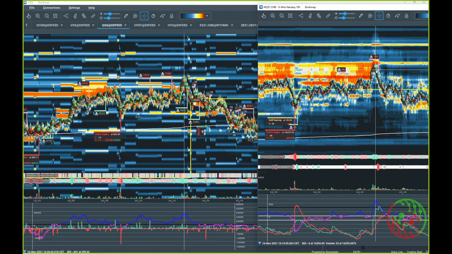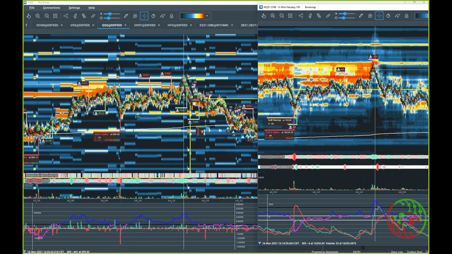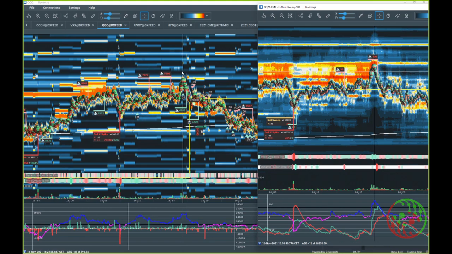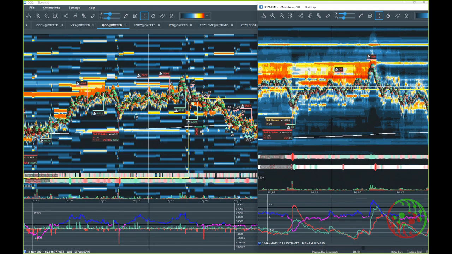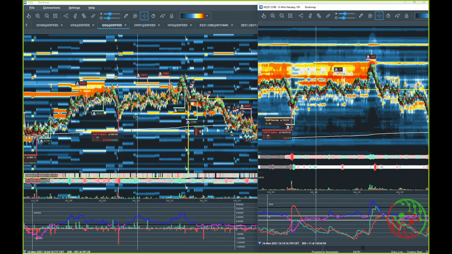Is it better to use the QQQ chart for trading? Yes, it is. It is better to start day trading with ES and afterwards do this with NQ. I would prefer the ES. If you are watching NQ, I suggest using QQQ.